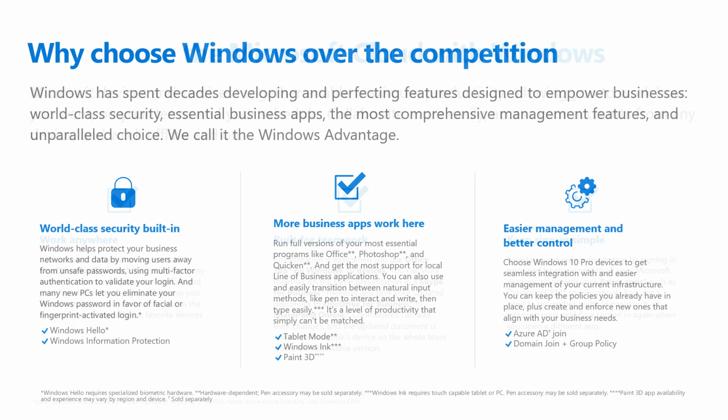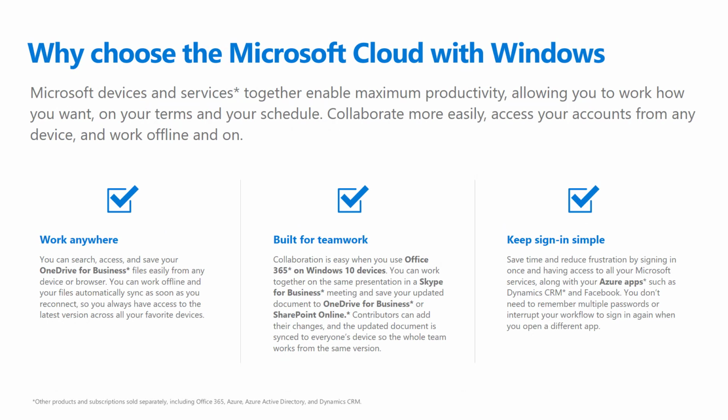Now, something to add to this conversation, especially for those of you who are already going down the Office 365 business path, for example, and are wondering what other things you can start leveraging. Well, Windows 10 has a lot of capabilities directly built in that will allow you to easily integrate with a lot of Microsoft's online services already. So things like your OneDrive for Business integration is very, very strong.